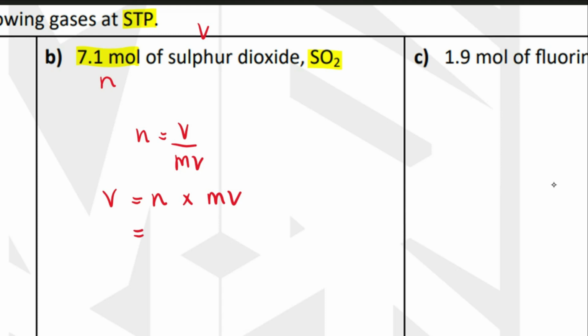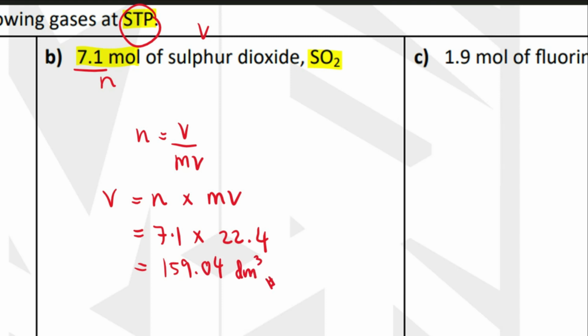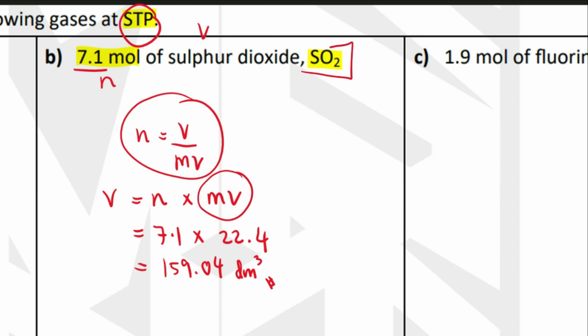And the molar volume at STP is 22.4. 7.1 moles multiplied by 22.4 this time because it is under standard temperature and pressure. And the answer is 159.04 decimeter cube. Notice here we use the exact same formula and the exact same value for molar volume regardless of the type of gas, whether it was sulfur dioxide or helium.